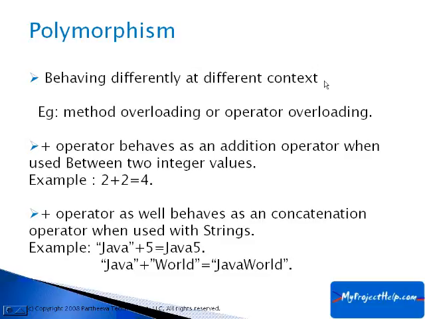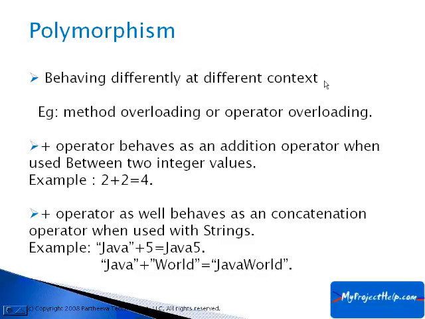When the plus operator is used between a string and a number, it acts as a concatenation operator. It appends, so to the string Java, the number 5 is appended and the result is Java 5. Similarly, Java is one string and world is another string. When this plus operator is used between these two strings, the concatenation of both strings results in Java world.